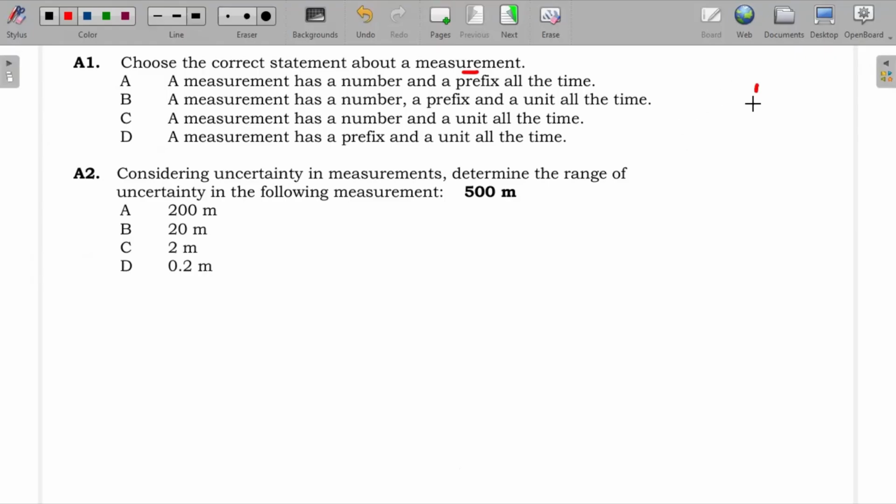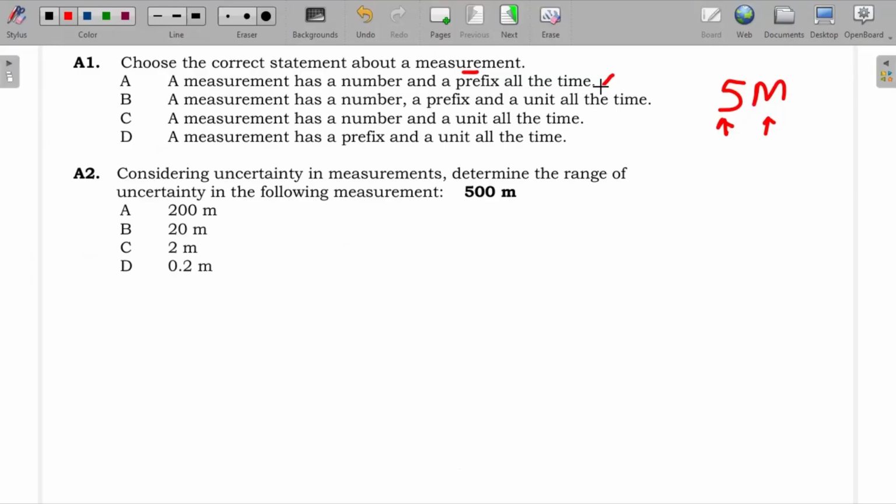For example, if I just write meters, what information will that give me? Nothing. But if I write 5 meters, you understand I'm measuring distance and I have 5 meters. So there should always be a number and a unit. Now you go to your options. Option A says a measurement has a number and a prefix all the time.